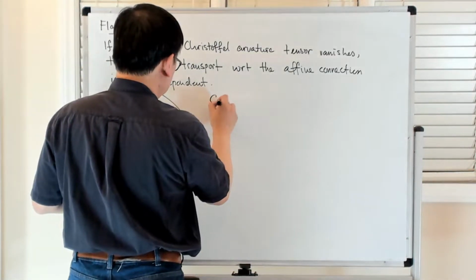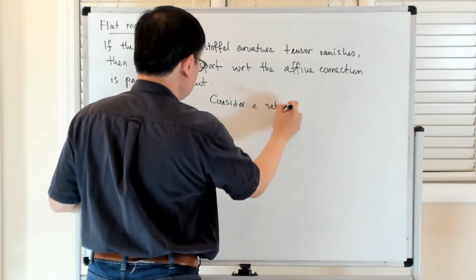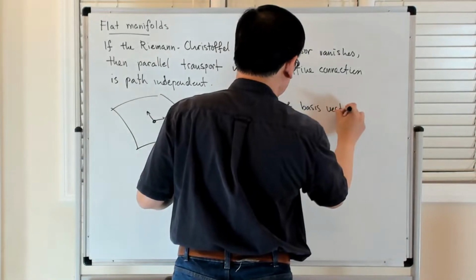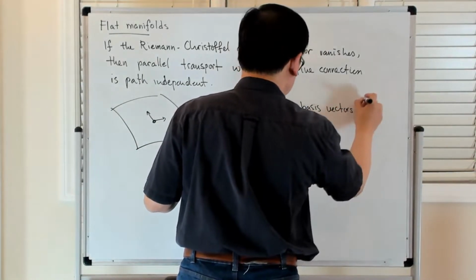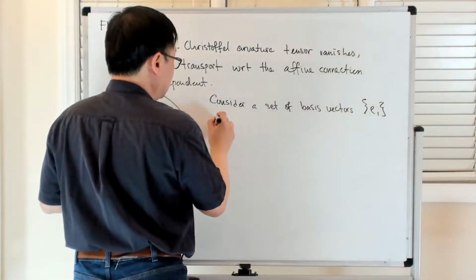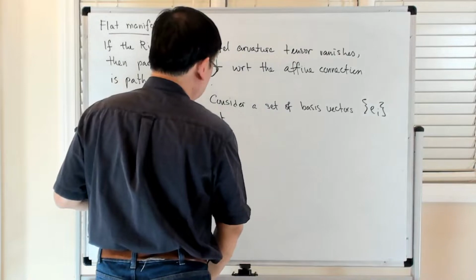So let's consider a set of basis vectors. Let's denote this by E_i, which are in the tangent space at a point.